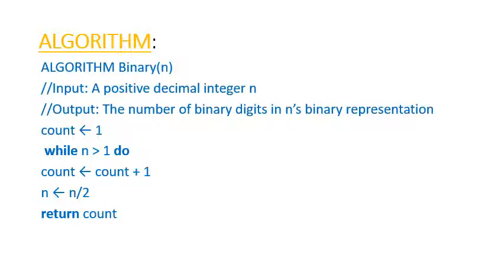Inside the while loop, we have count = count + 1, that is, count gets incremented by one, and following that, n = n / 2. So the positive decimal integer is divided by 2 inside the while loop. When the condition n > 1 fails, it returns the count value.